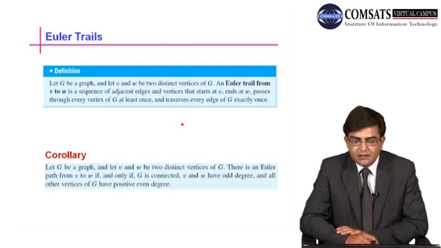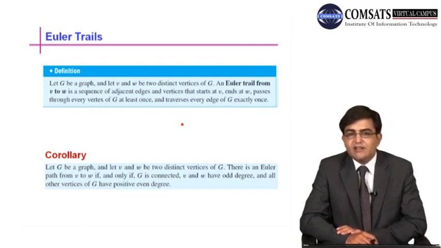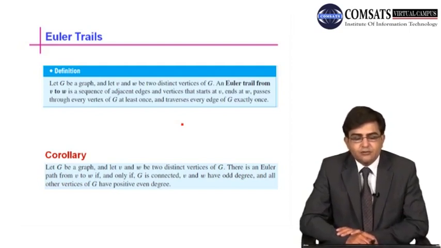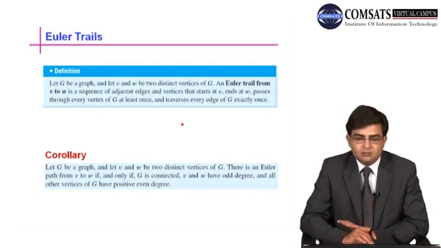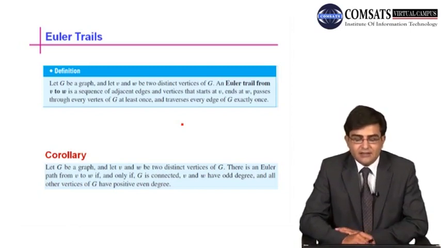G must be connected. V and W have odd degree and all other vertices of G have positive even degree. So to find an Euler path in a graph from one vertex to some other vertex, not the same vertex, the starting and ending point must be different.